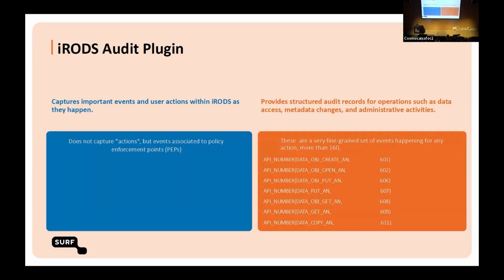Then it's going to provide us a structured audit record, capture all of the information that is necessary, and send it to a message broker. Part of this data is, for example, an API number that is attached to this action. These are the pieces of information that we captured, and they are important for us later on down the pipeline.